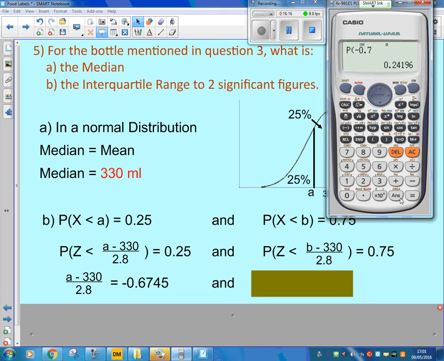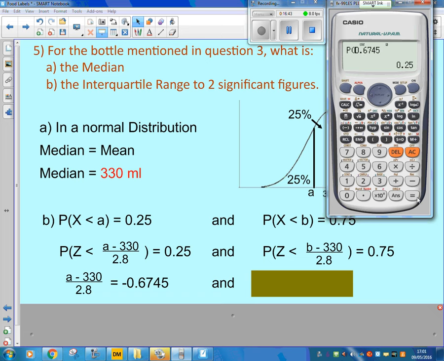You see it's gradually getting nearer, and then when I try minus 0.6745 it equals 0.25. So that's the one I want. Now the interesting thing is, because of the symmetry over here, to get plus 0.75, all I need to do is get rid of that minus sign.